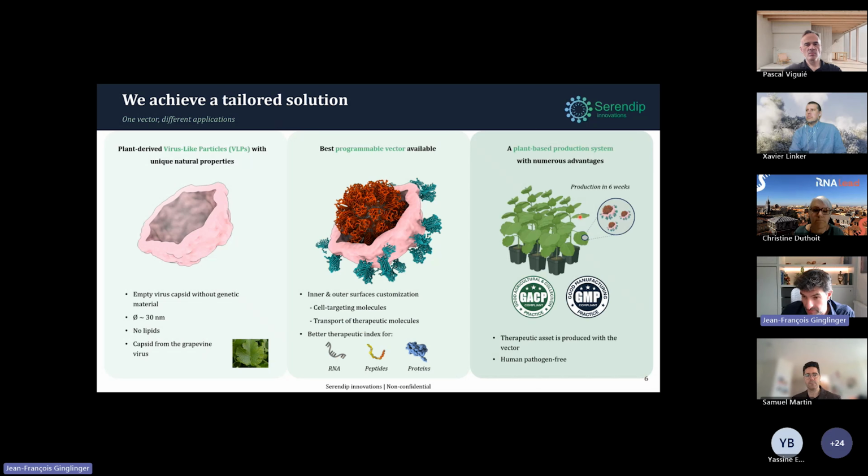It is produced in plants, which is a very original way of producing vectors. We think it is a very good advantage, as it's already compliant to GACP and GMP standards. I will come back to it a little later.